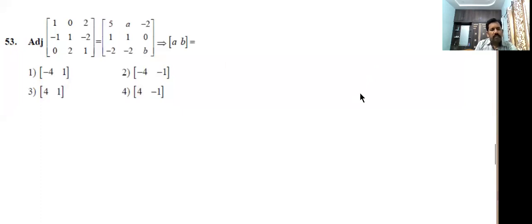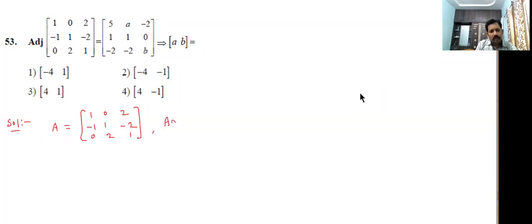Adjoint A is equal to some matrix given. What is the A matrix here? 1 0 2, minus 1 1 minus 2, 0 2 1. This is the A matrix.